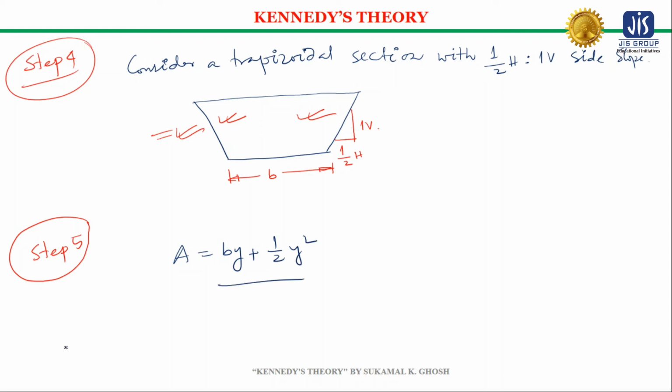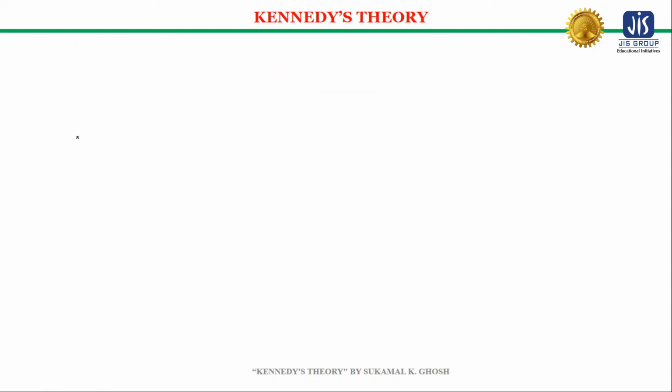Now what was our step 6? Our step 6 was to equate the area that we got from step 3 and the expression of area that we got from step 5.